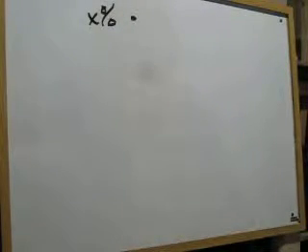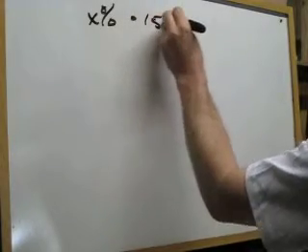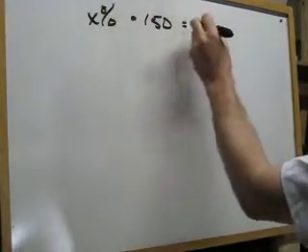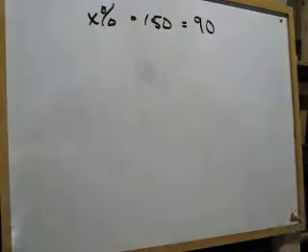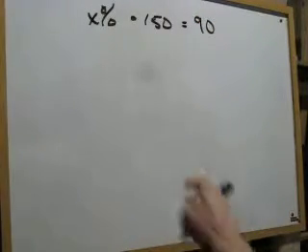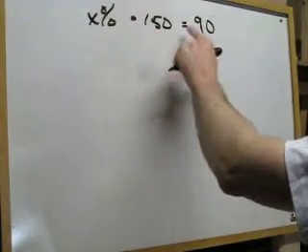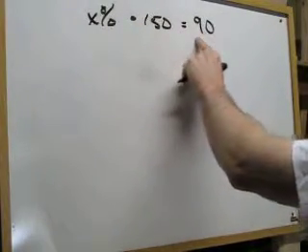Okay, so 150 total calories, and fat calories, right next to it, 90. So what percent of the total number of calories is fat calories?